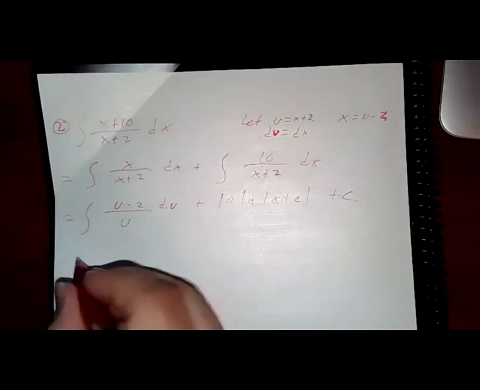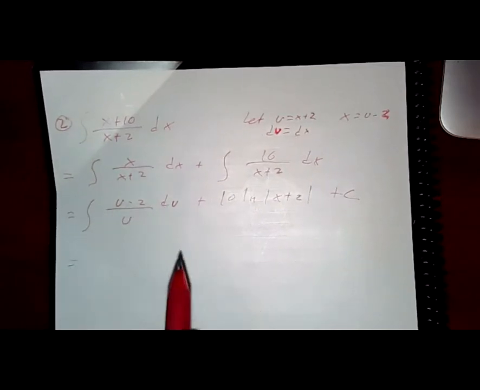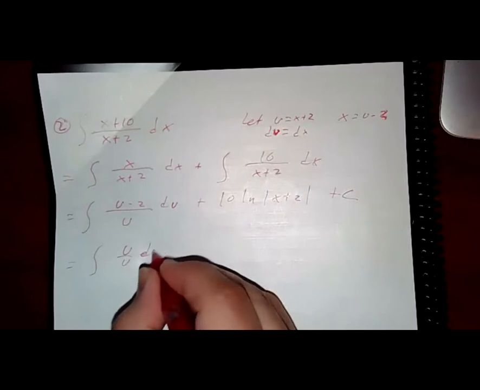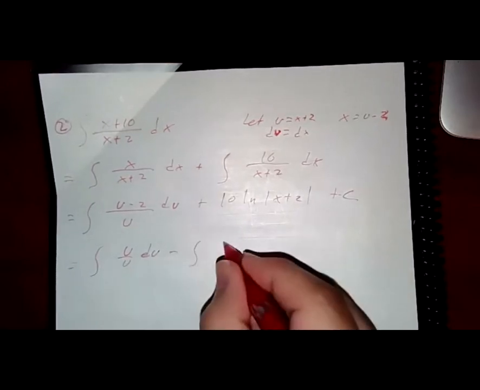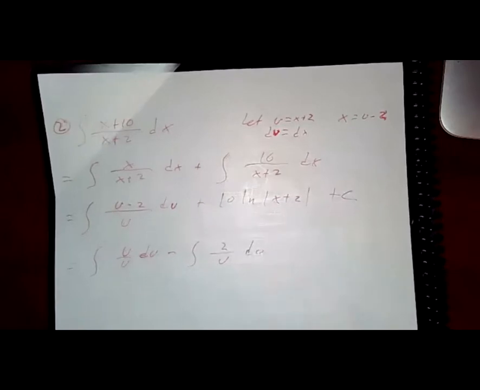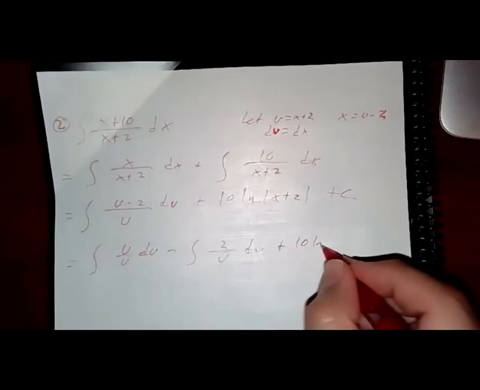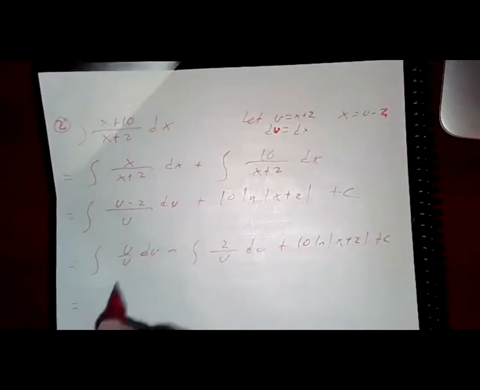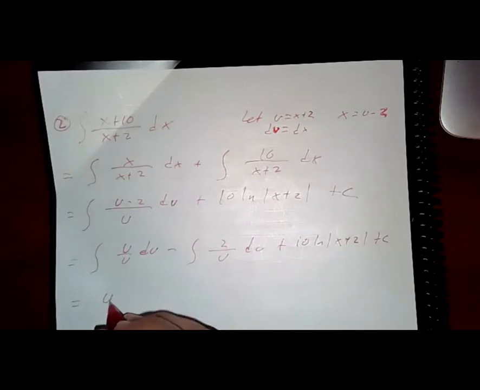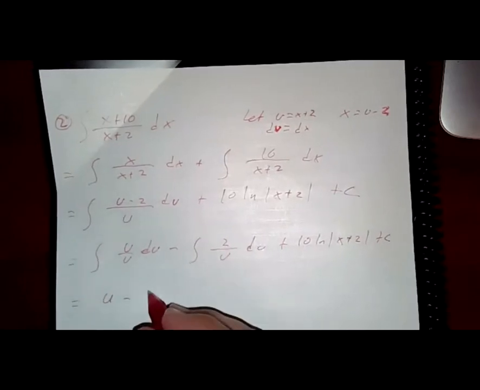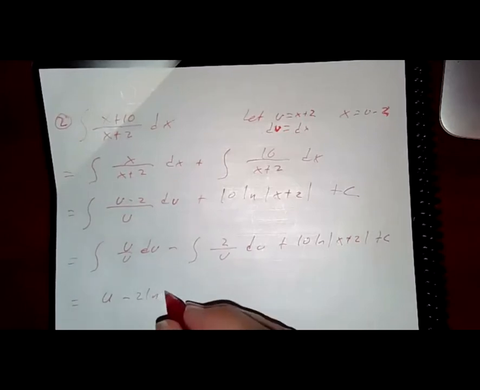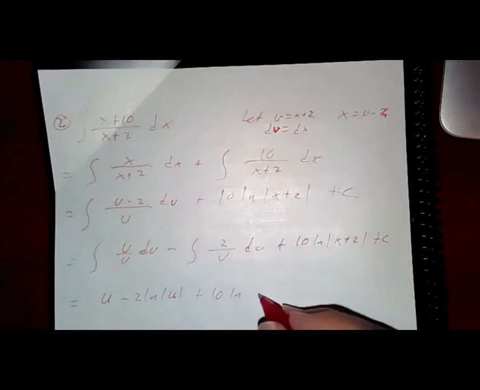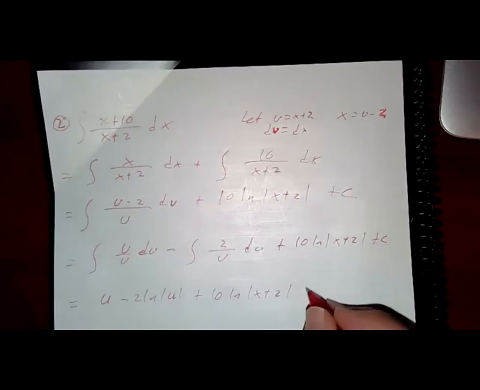This guy, though, I got to separate the fractions again. So that would be integral of u over u du minus the integral of 2 over u du plus this answer, 10 ln x plus 2. So this becomes a 1, so that answer is just u. This is another ln, so it'd be minus 2 ln of u plus 10 ln of x plus 2 plus c.